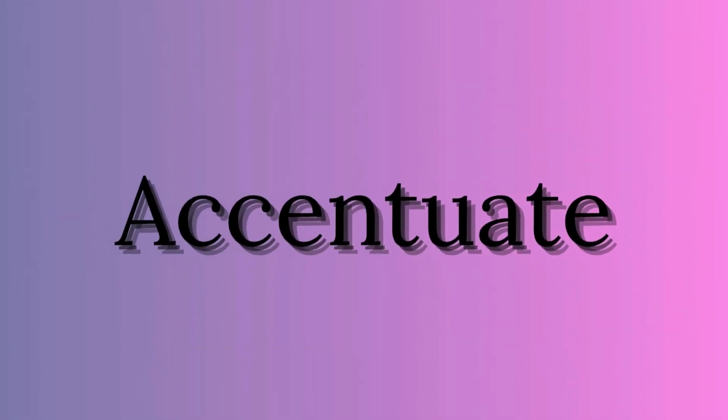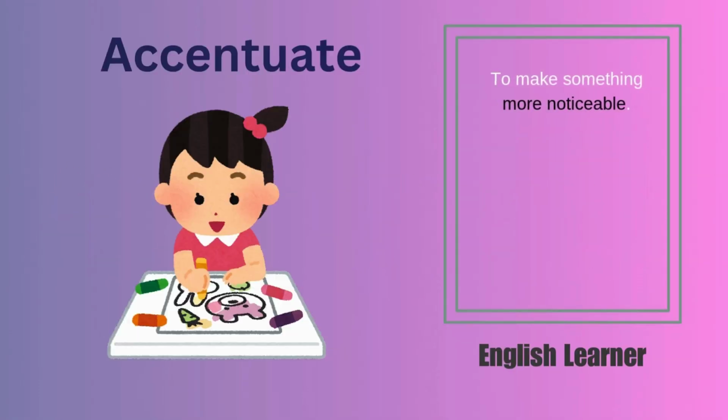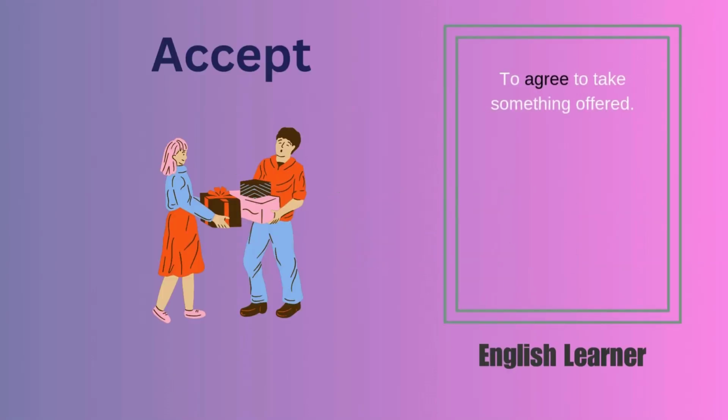Accentuate. To make something more noticeable. Example. She used bright colors to accentuate her drawing. Accept. To agree to take something offered. Example. He decided to accept the gift from his friend.